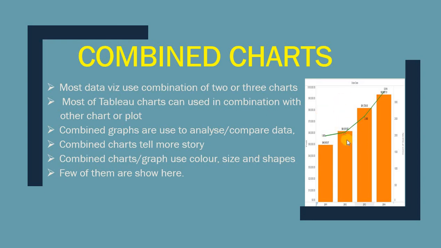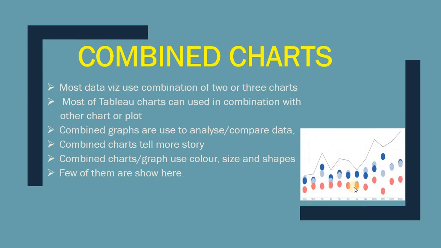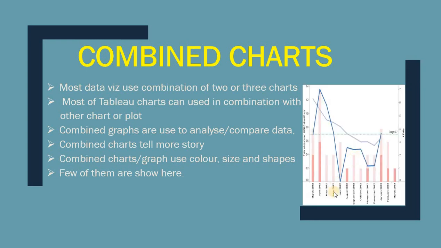So that is one. The other one is this. These are the same, only this is a line and dots combined, and this one is again a stacked bar with different lines, actually additional information here.